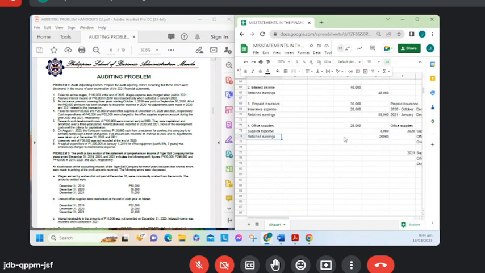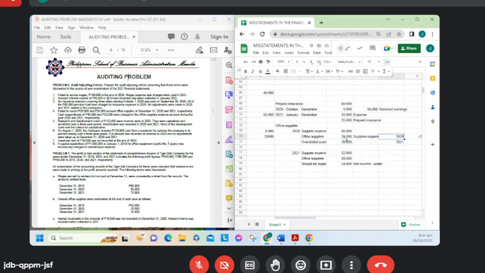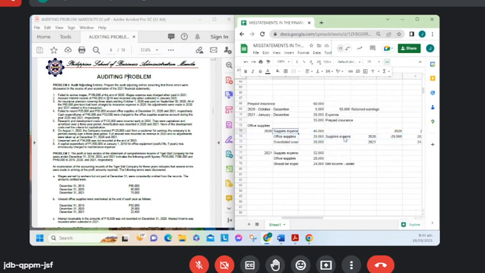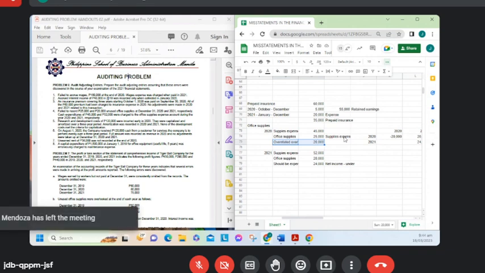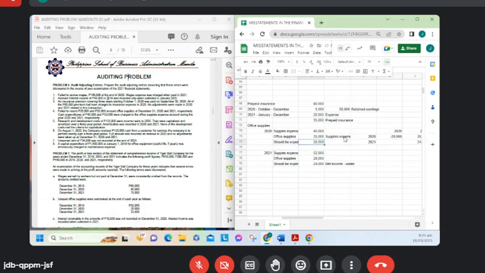Hindi dapat ito pala overstate, mali yung overstated, sorry. Baliktad to. This is the overstatement kasi supposedly should be expense pala to. Kaya pala, okay, should be expense.